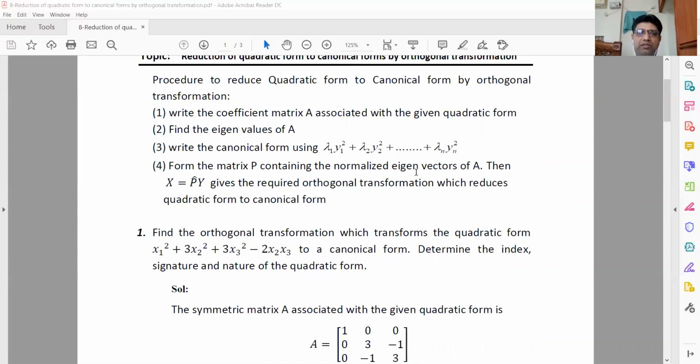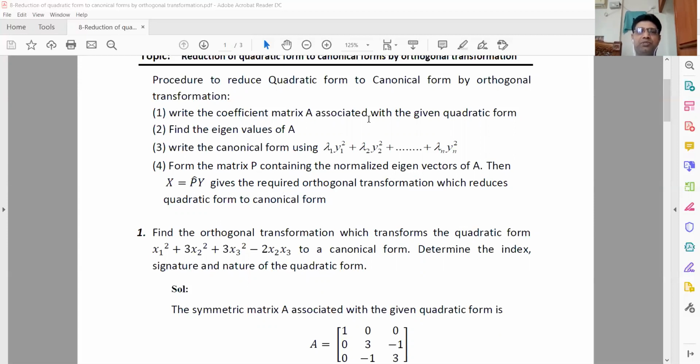If they are pairwise orthogonal, then you have to construct a matrix P which has the normalized eigenvectors of A. P is just the model matrix, so P cap stands for the normalized model matrix. Then X equals P cap Y gives the required orthogonal transformation, which reduces the quadratic form to canonical form.